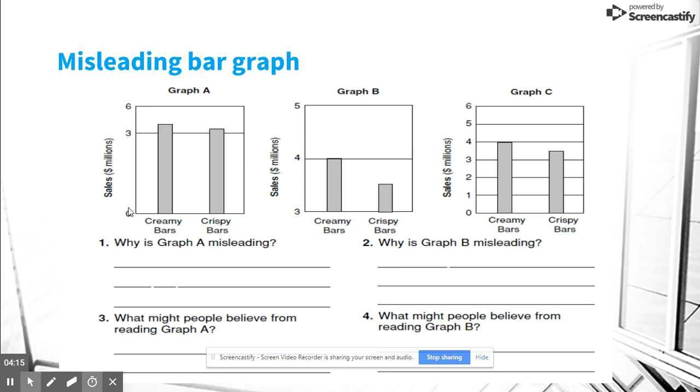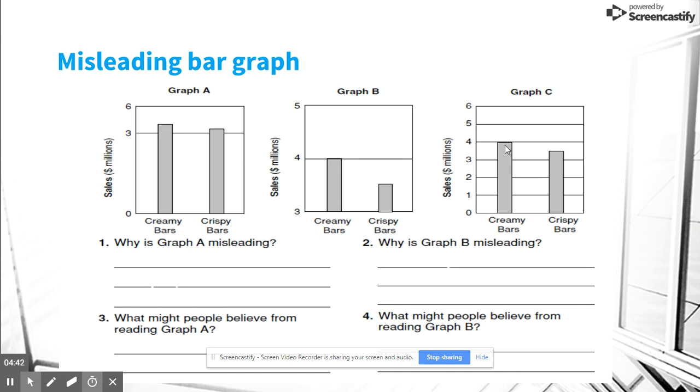The interval on graph A goes from 0 to 3, and the interval for B starts at 3 and goes to 5. So the intervals for graph A and B are incorrect. Graph A does start at 0 though, but if you look really close, you will notice that all 3 graphs showed the same amount of bars.